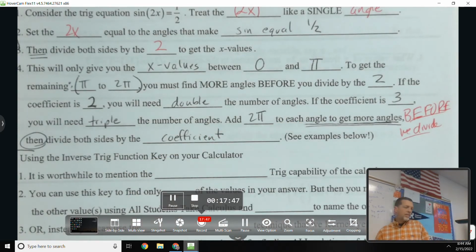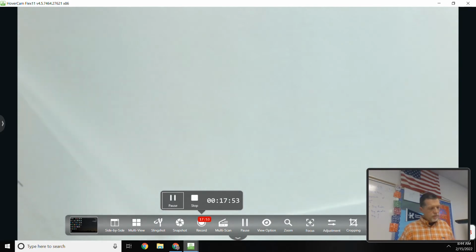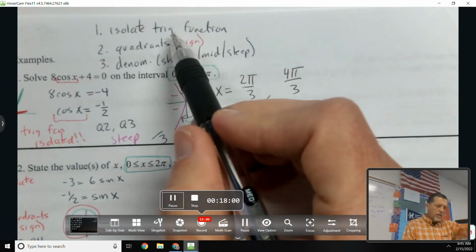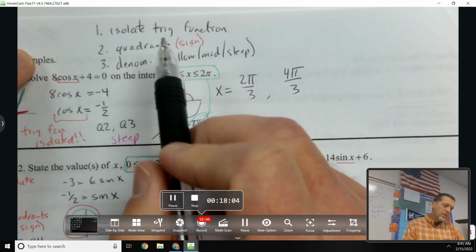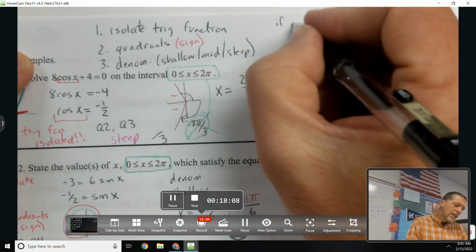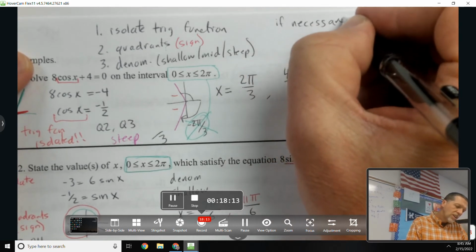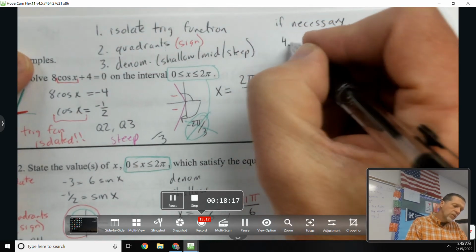Okay, that's a lot of words. Let's go do number 3 and 4. So at the top, isolate the trig function, handle the quadrants, think about the denominator, then, if necessary, we'll handle the coefficients.